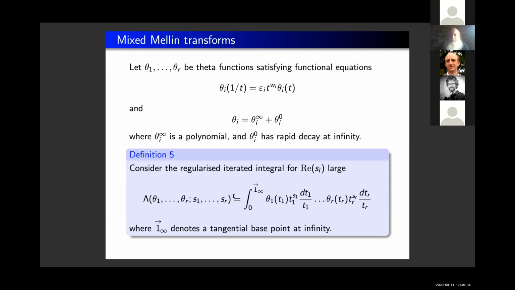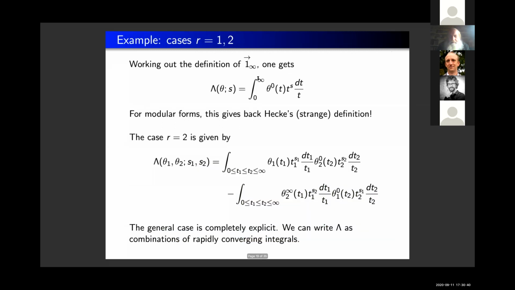If you know something about tangential base points, then it's obvious. But in this picture, theta 0 doesn't satisfy any particularly nice functional equation. It's quite horrible. It's quite surprising that actually the functional equation of lambda is equivalent to the functional equation of theta. So already in the case R equals 1, this tangential base point business explains something.